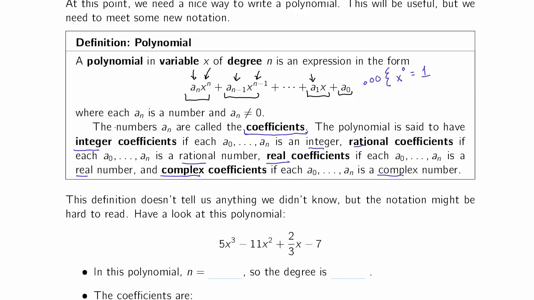We already know what the degree is. The degree is the highest power of x that has a coefficient that isn't 0, right? We could throw in 0x to the 87th if we felt like it. It wouldn't do anything.